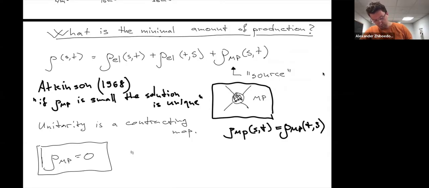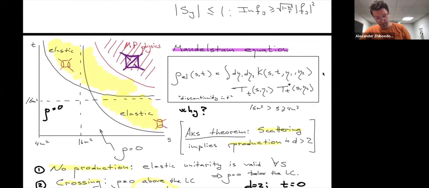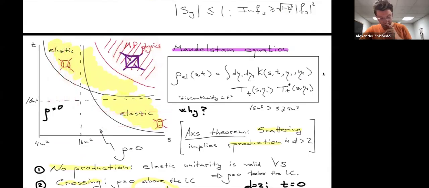In the old days, this is what people called the strip approximation, and the word strip here refers to this elastic strip. So we approximate our rho by these things, and we throw away any multiparticle physics. And I believe people thought that, well, maybe we are lucky, and actually QCD is of this type.